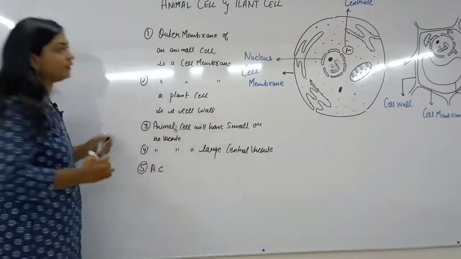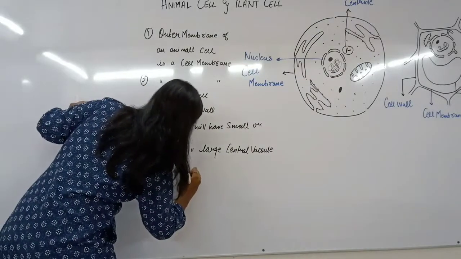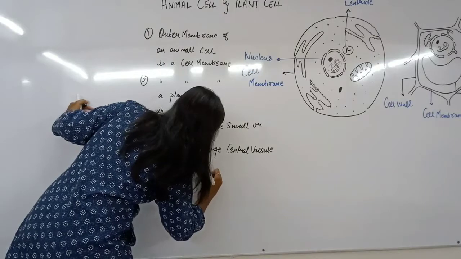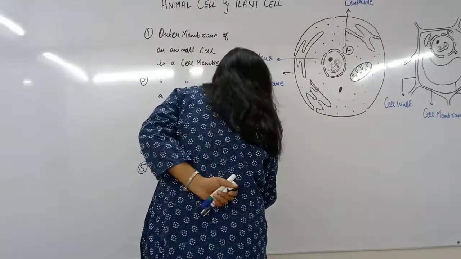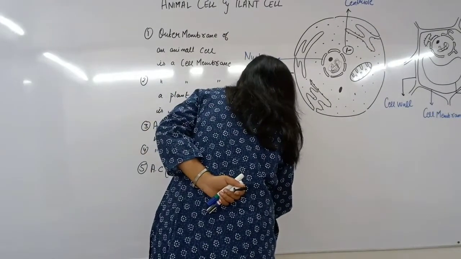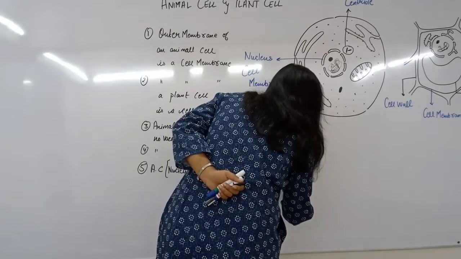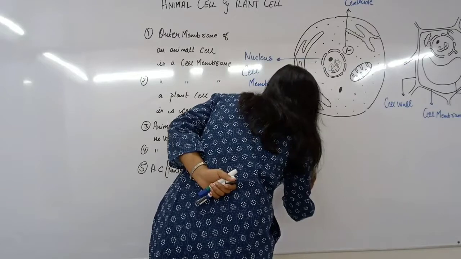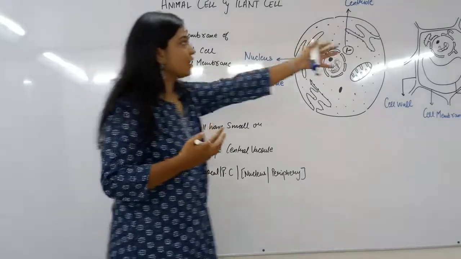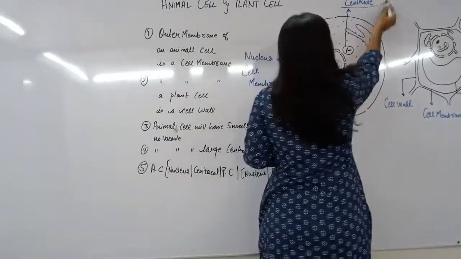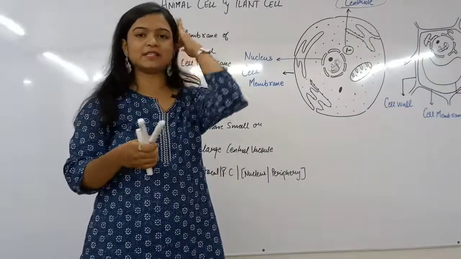In an animal cell, the nucleus will be in the center. Nucleus is central. Then in plant cells, the nucleus will be at the periphery. Understood? One more thing, plant cells do not have centrioles, while animal cells have centrioles. So these are some of the basic differences between a plant cell and an animal cell.